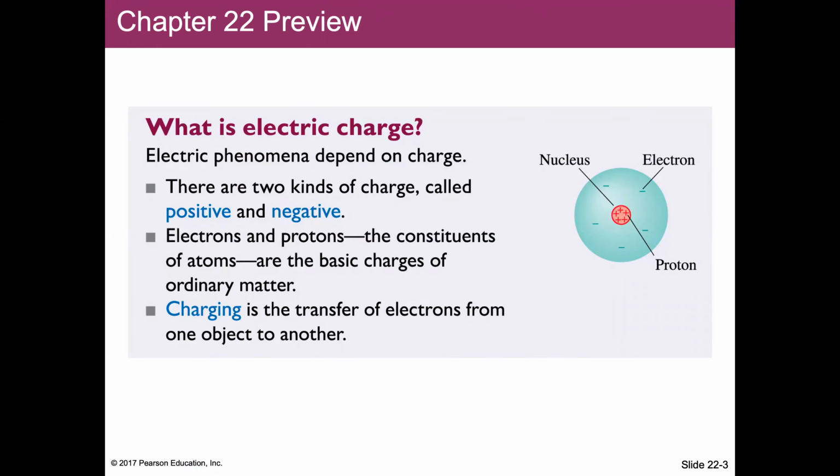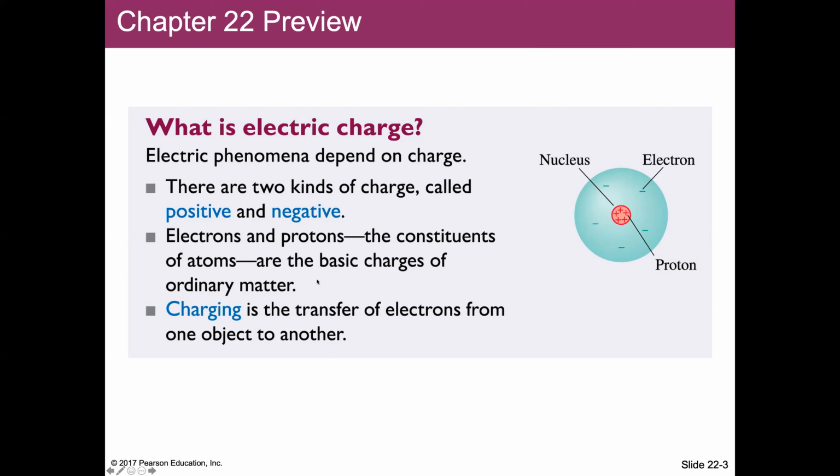And then we're going to introduce two types of elements, which are electrons and protons. We will learn protons are the sources of the positive charges and electrons are the sources of the negative charges. Or we can call them the basic charges of ordinary matter.